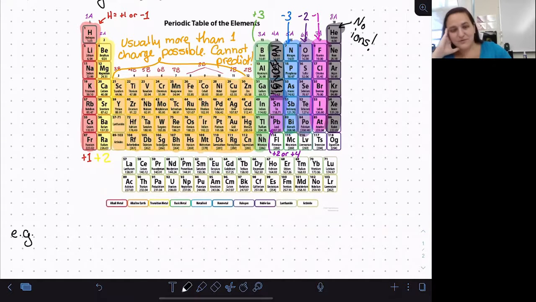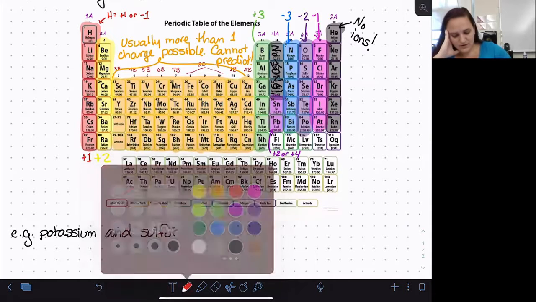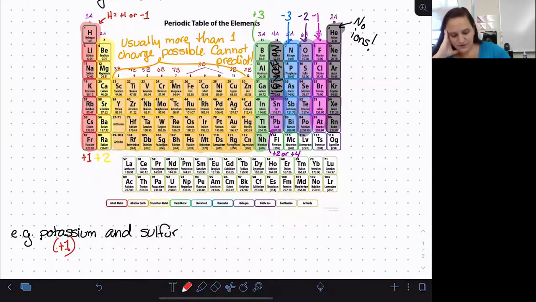If we want to write the formula for the compound that forms between, let's say, potassium and sulfur, we can find those two things on the periodic table. Potassium is here. It likes to have a +1 charge, generally. Sulfur is over here. That family likes to have a -2 charge.